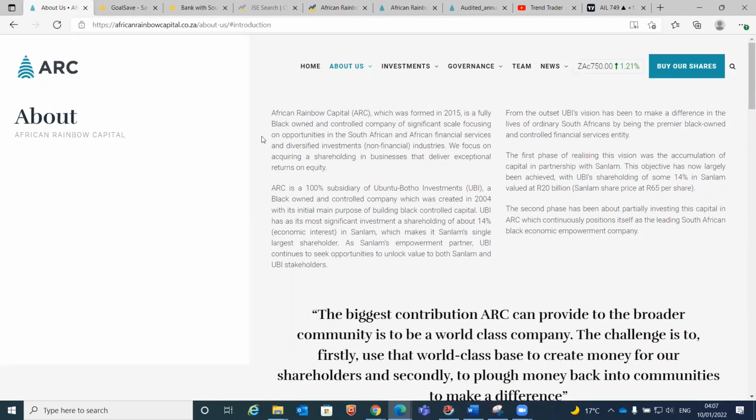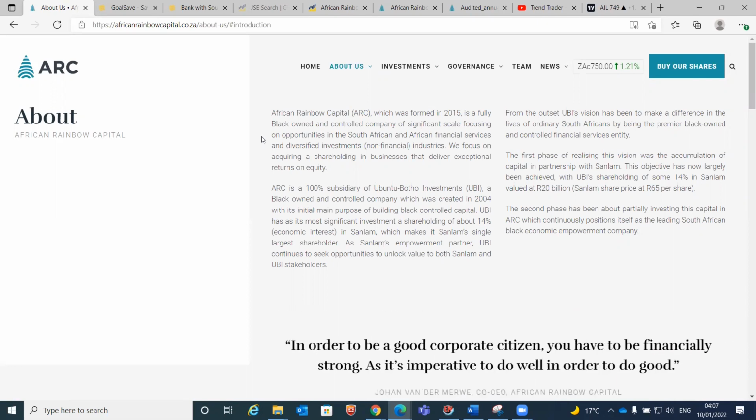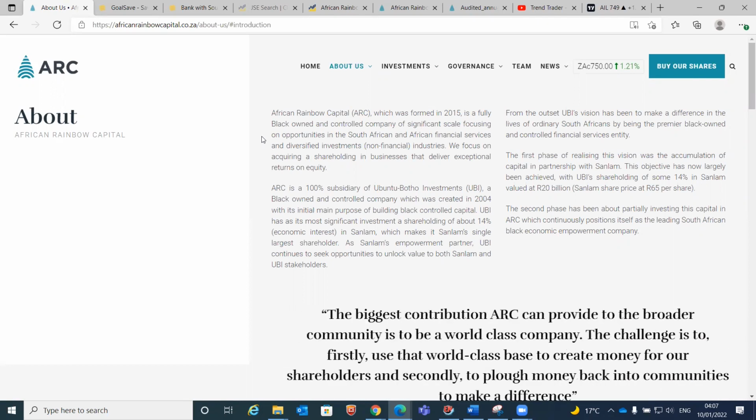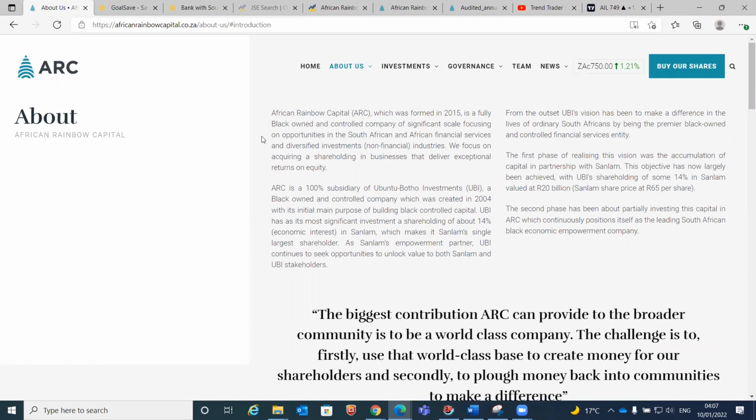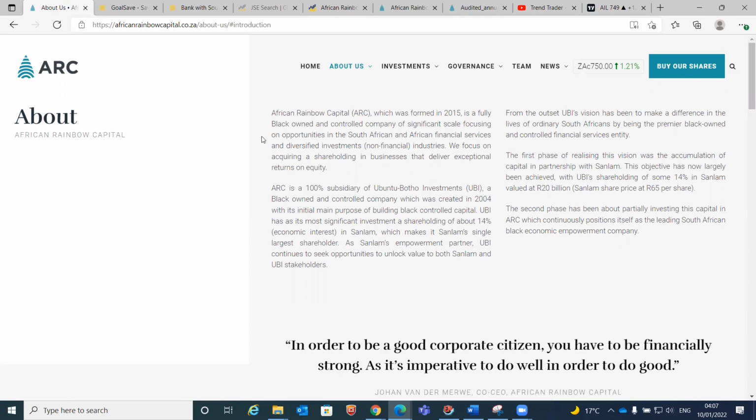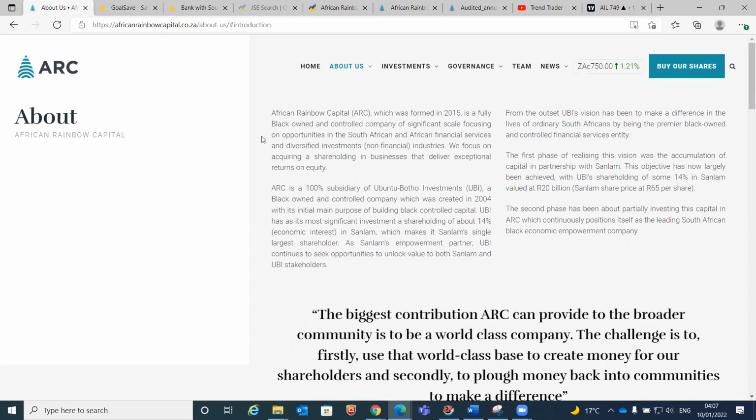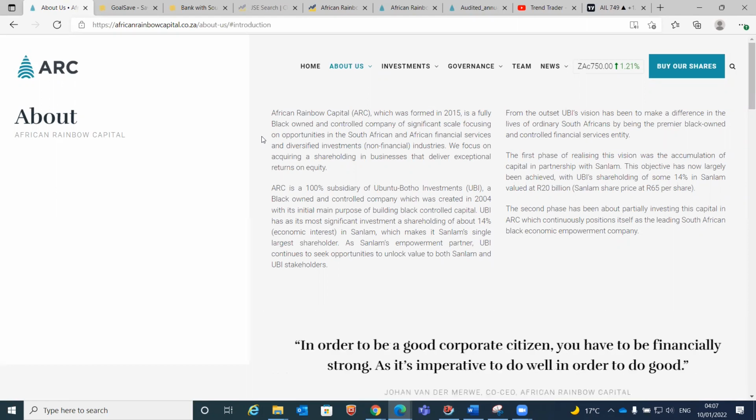We'll go through those investments. And then ARC is a subsidiary of Ubuntu-Botho Investments, which is also a black-owned and controlled company that was created in 2004. The purpose of Ubuntu-Botho was to build black-controlled capital, which is a good thing.